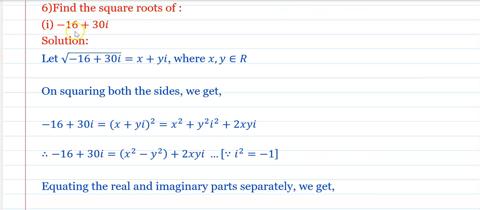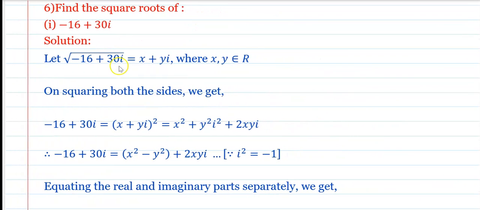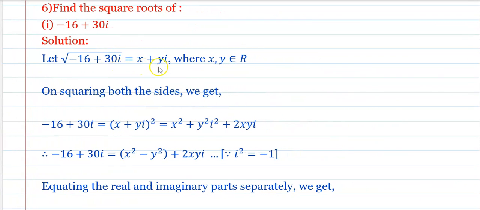Find the square root of minus 16 plus 30i. Let the square root of minus 16 plus 30i be x plus yi, where x, y belong to the set of real numbers. On squaring both sides, you will get minus 16 plus 30i is equals to (x plus yi) whole square. Therefore, you will get x square plus y square i square plus 2xyi.